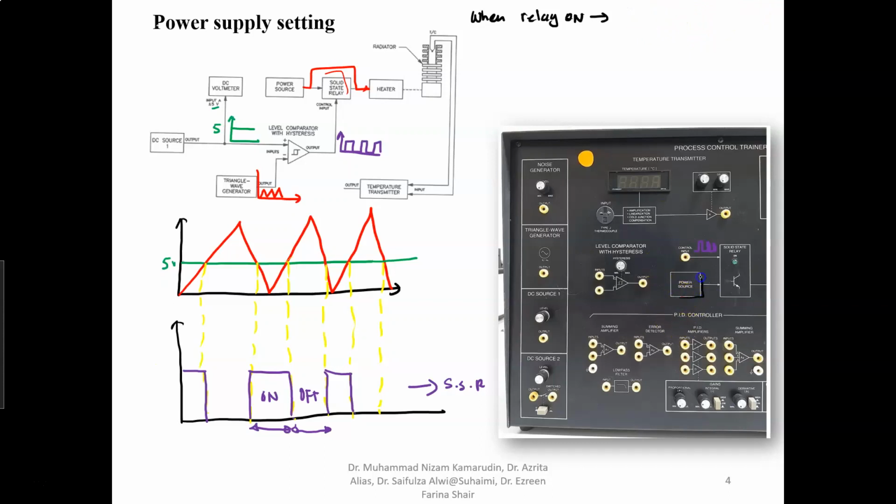This is the internal source, and we represent it as V2 to the heater, and then the heater is on. When the relay is off, meaning during the off time, there is 0 volt to the heater. This is what we call pulse width modulation.